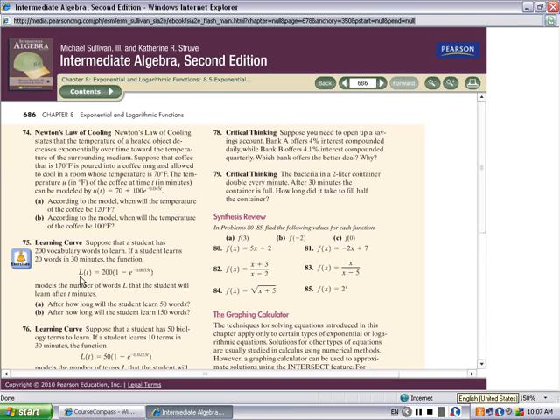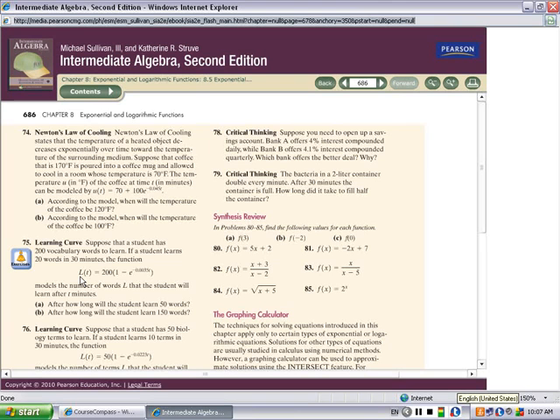What does it mean? You want to solve L of t equals 50 for t. I will ask you what t will make L of t go to 50. That's all it says.